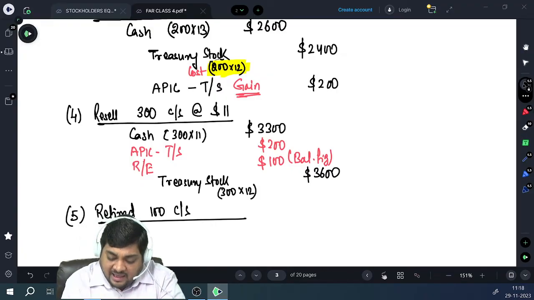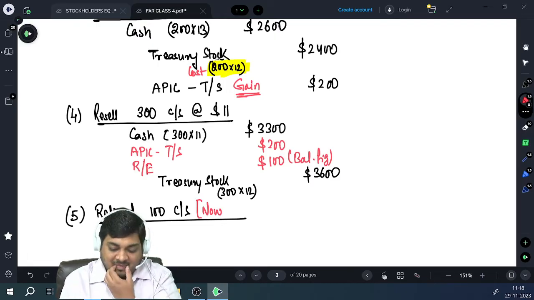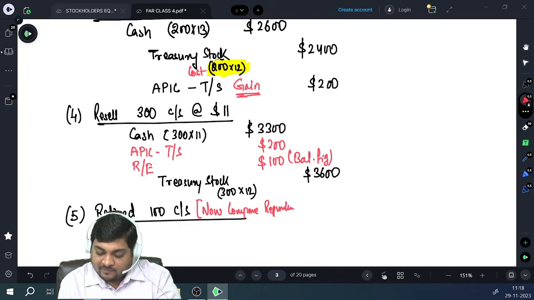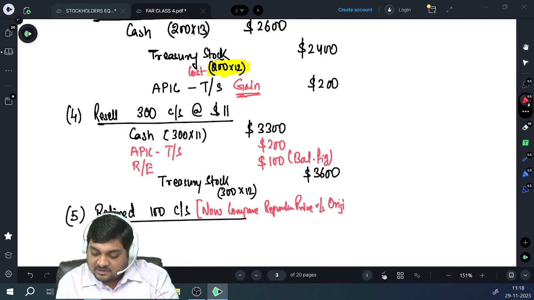Now I will compare repurchase price versus original issue price.